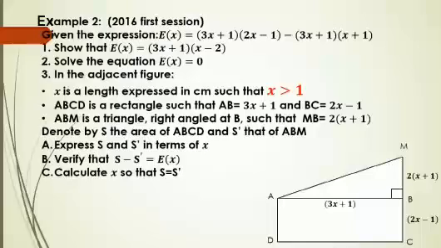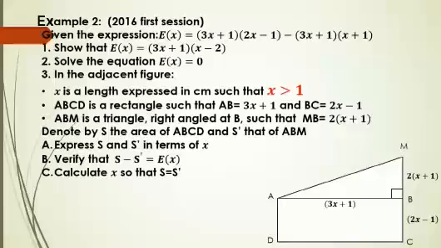In part 3, we have a figure. This figure is of a rectangle ABCD, where AB is equal to 3x plus 1 and BC is 2x minus 1. But pay attention that the length x is in centimeter and it is greater than 1.